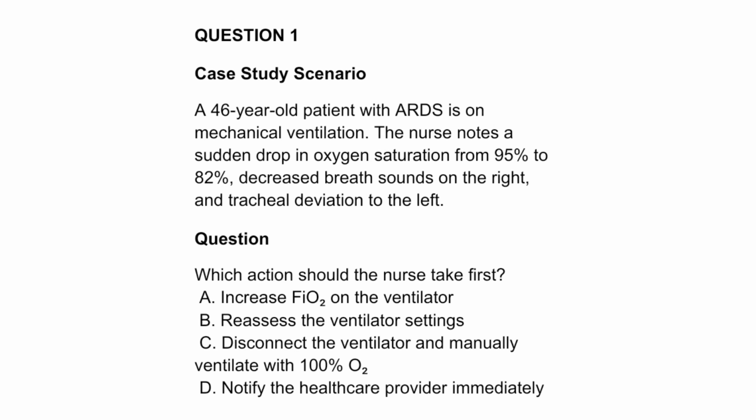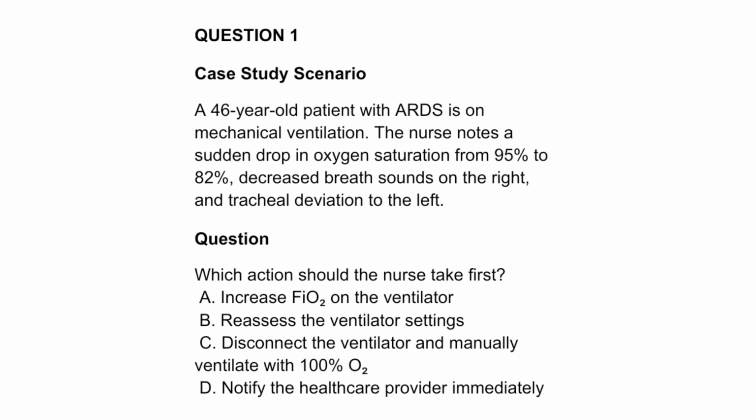Case study scenario. A 46-year-old patient with ARDS is on mechanical ventilation. The nurse notes a sudden drop in oxygen saturation from 95% to 82%, decreased breath sounds on the right, and tracheal deviation to the left.